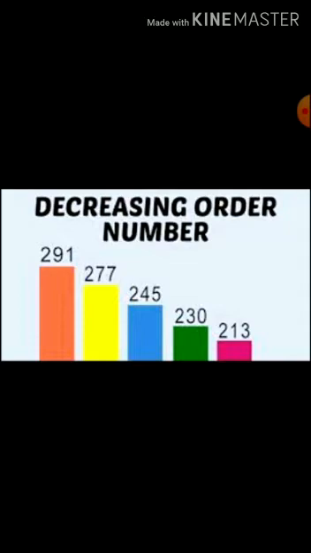So 291 is bigger than 277. 277 is bigger than 245. 245 is bigger than 230. 230 is bigger than 213. So they are coming in the decreasing order. This is the way you write the descending order. You have to arrange the numbers in descending order like this.